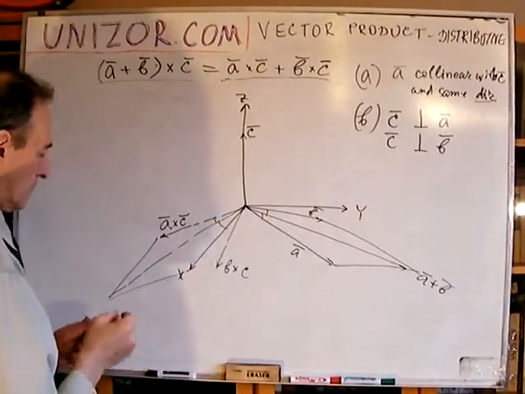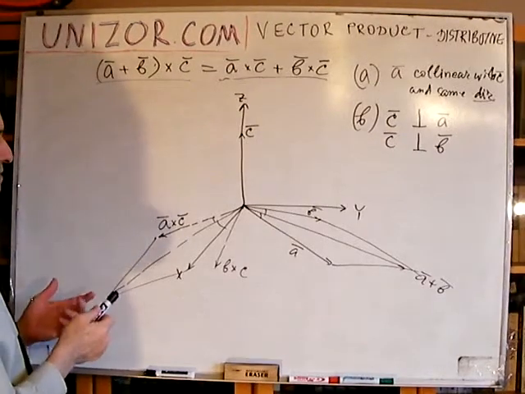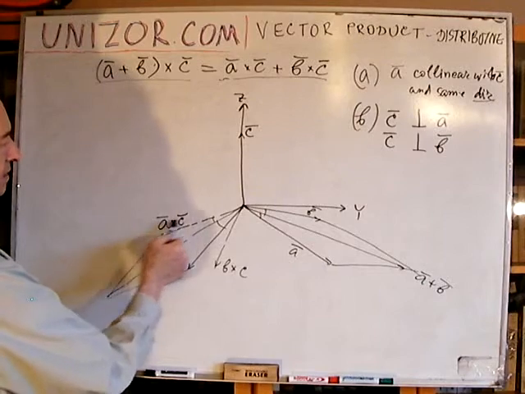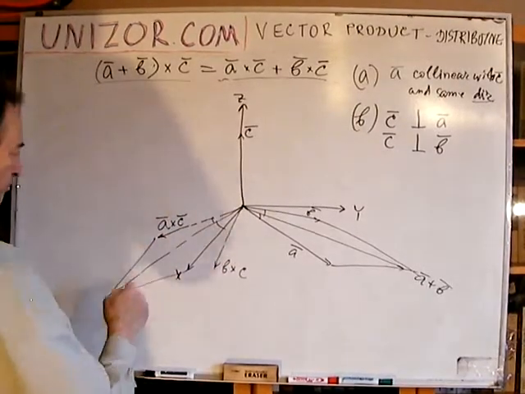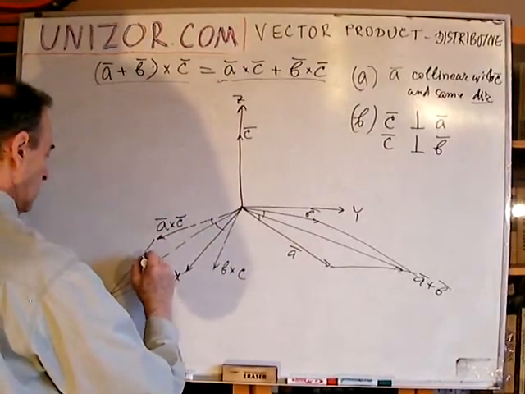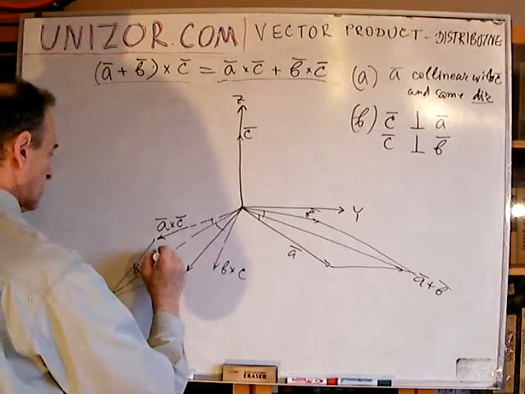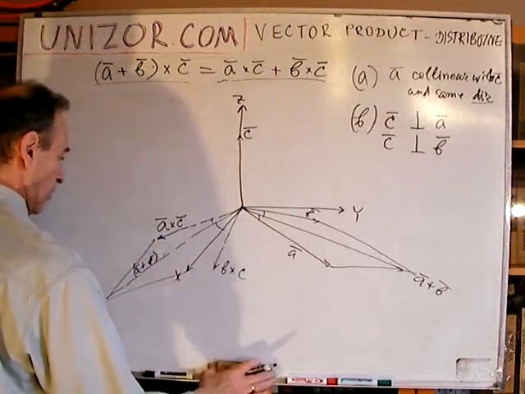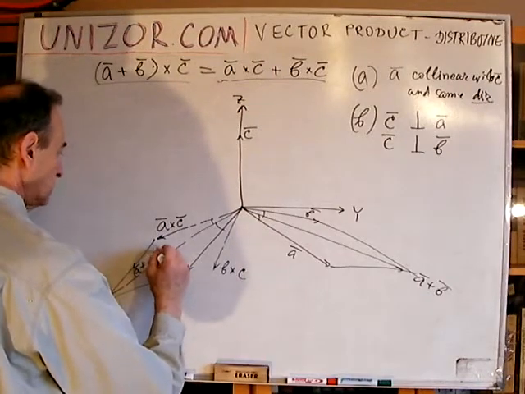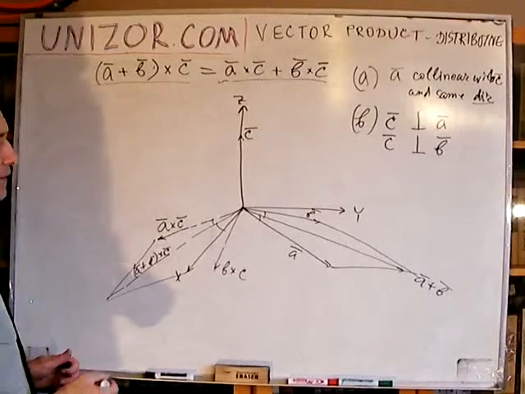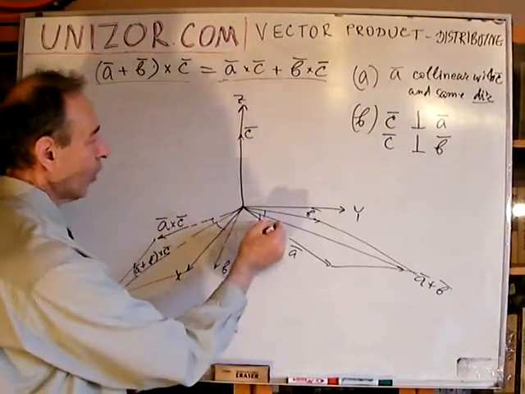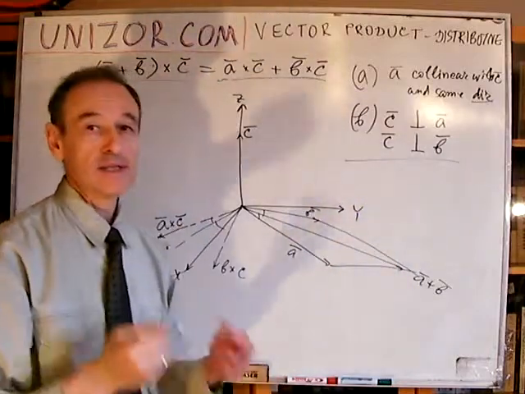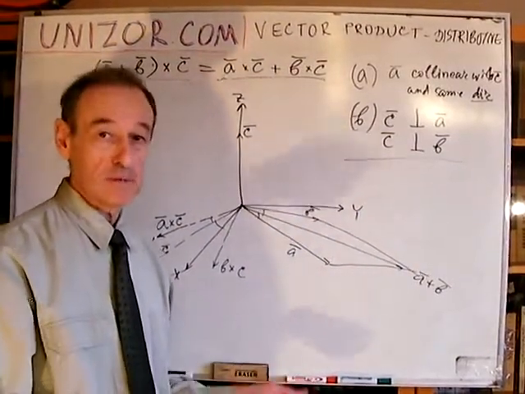Right? Now, how about the sides? Well, angles are the same. Now, A times C, and this is A plus B times C, vector product. What are their lengths? Well, considering that the angle between all of these and C is 90 degrees, the sine of the angle between them is always equal to 1.